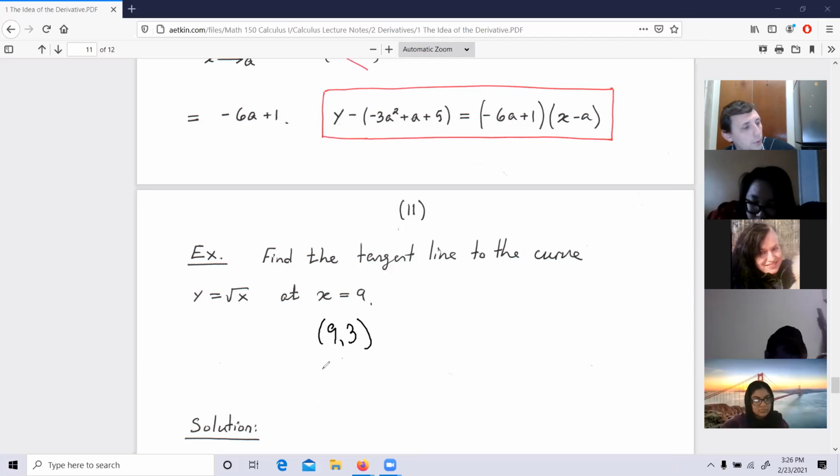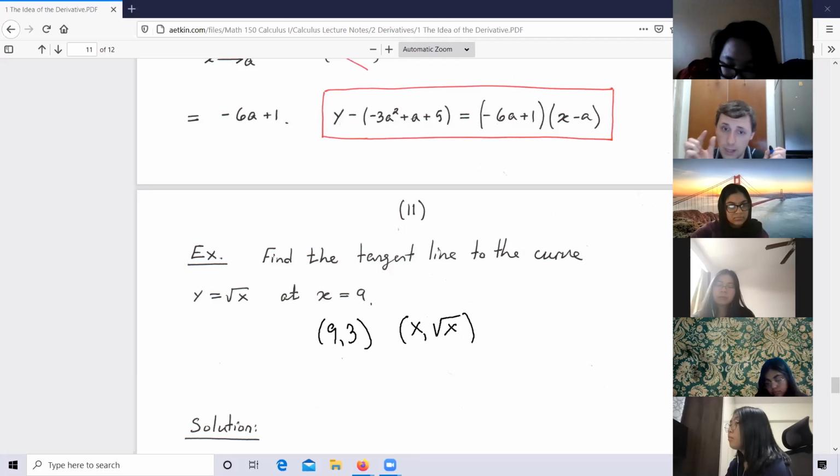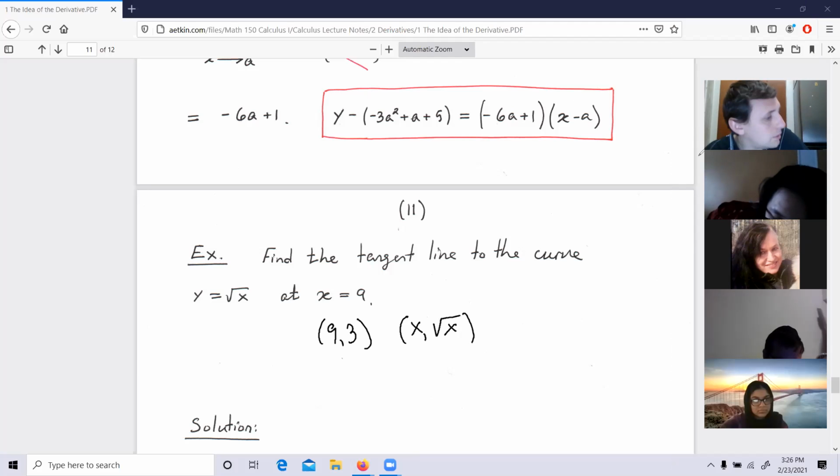And another point can be given by coordinate x, and the second coordinate is root of x. Do you agree? So that's the general other point, which I don't want to give numbers to because x will be very close to what number? So then what do I write here?